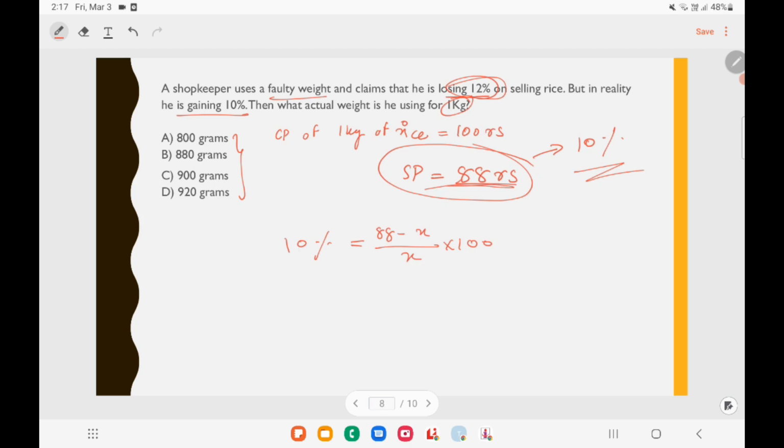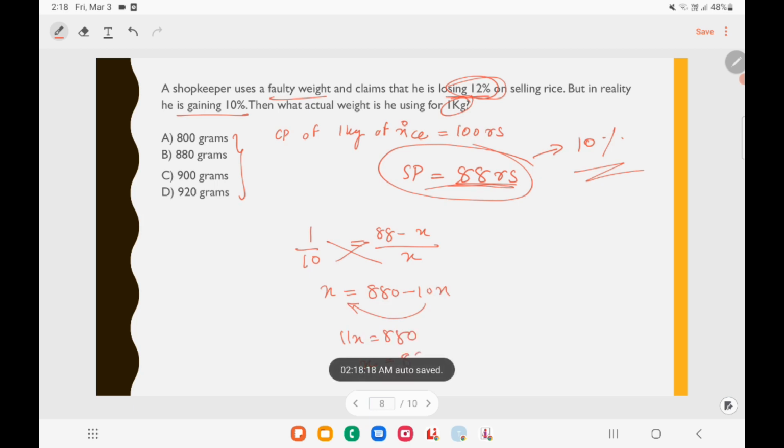Let's take X as the cost price here. 10 by 100 is 1 by 10. Just cross multiply. 10x is equal to 880 minus 10x. So bringing 10x here, it becomes 11x is equal to 880, or x is equal to 80.